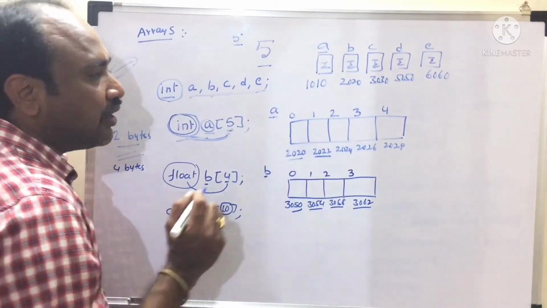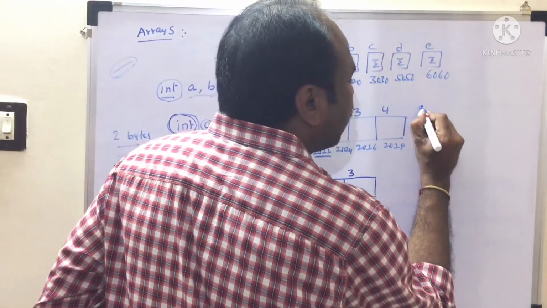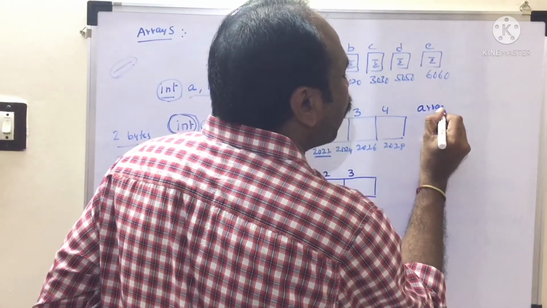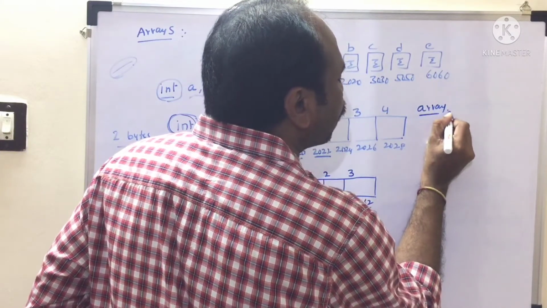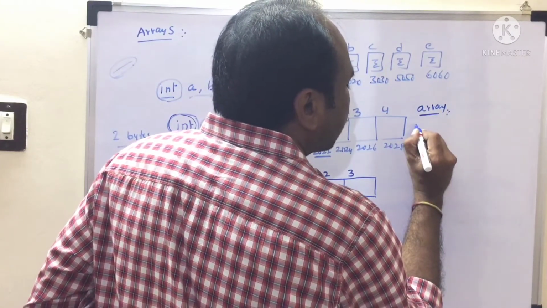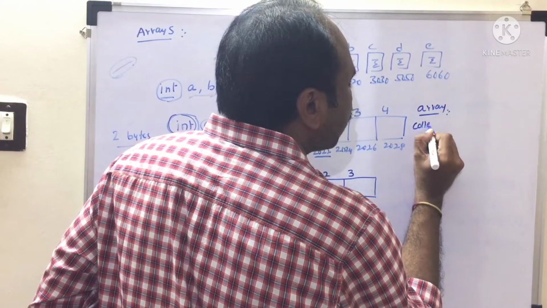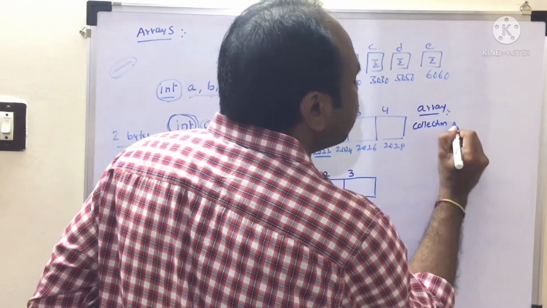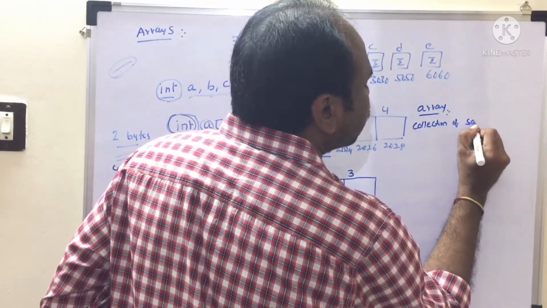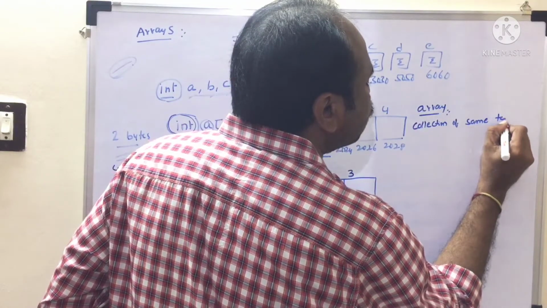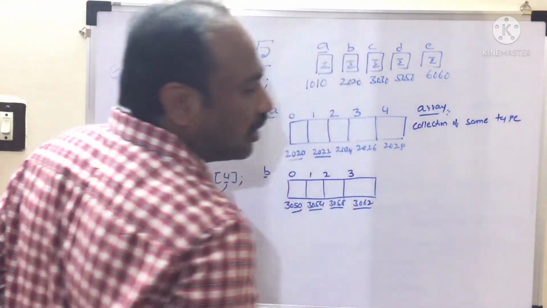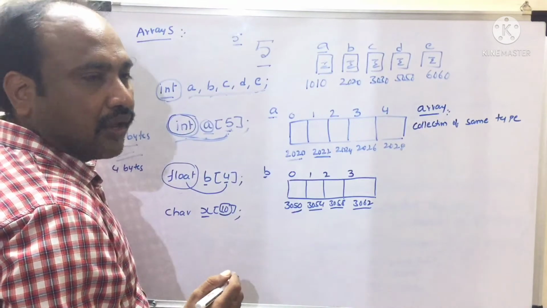That's why the definition of array is collection of homogeneous values, or collection of same type values stored under the single name is called an array.